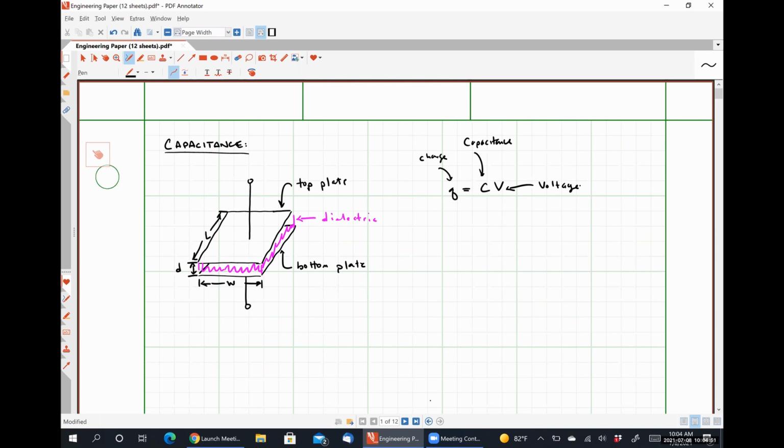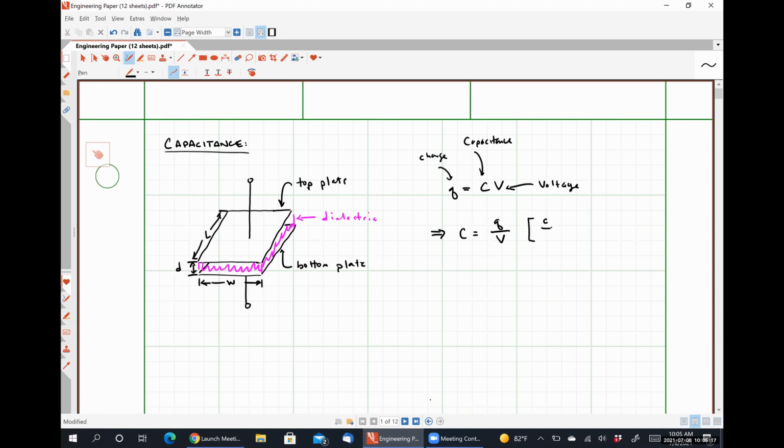So we can actually rearrange this definition and find then that capacitance is simply the ratio of the amount of charge collected on the capacitor plate divided by the voltage across the capacitor, where the units of capacitance are coulombs per volt, which is the same as an amp second per volt, and we call this a farad. Measured in F.